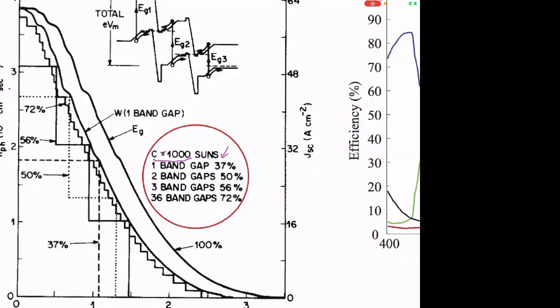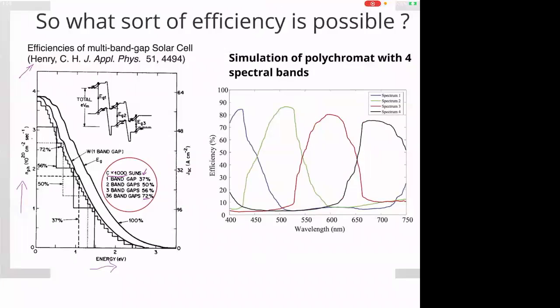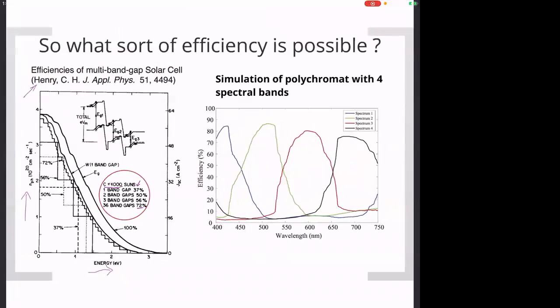But interestingly, by increasing the number of bands that we use to absorb the light, you can drastically increase efficiency, even up to something like 70% or so, which would be quite dramatic, because remember, today our solar modules are something like 20%. If we can increase that to even 30 or 40%, it would be a dramatic change in the way solar panels are used.